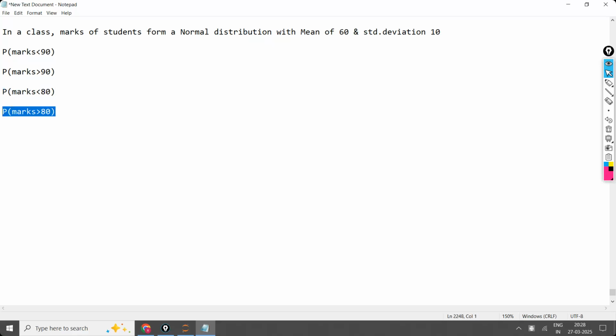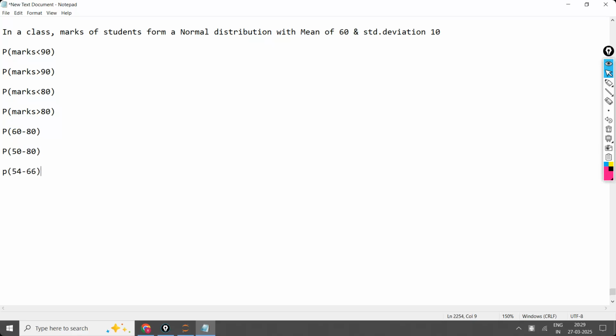What is the probability of marks between 60 to 80? What is the probability of marks between 50 to 70, or 50 to 80? What is the probability of marks between 54 to 66? These are all the questions.